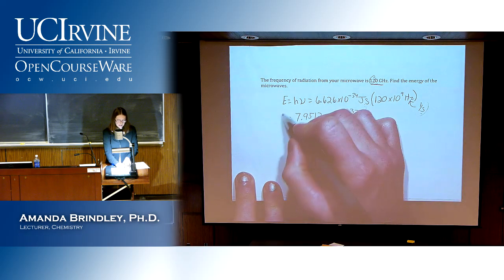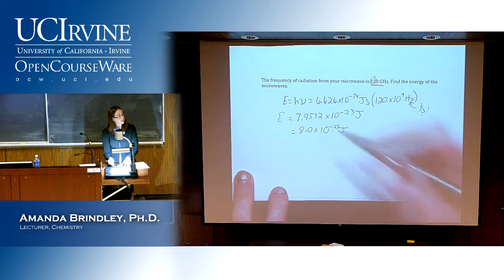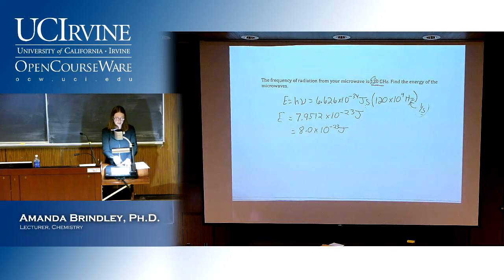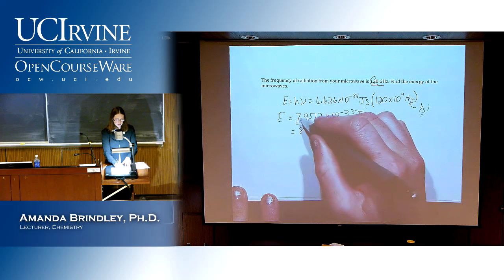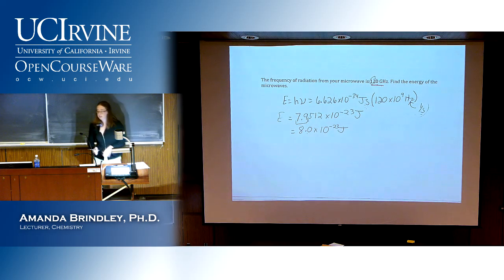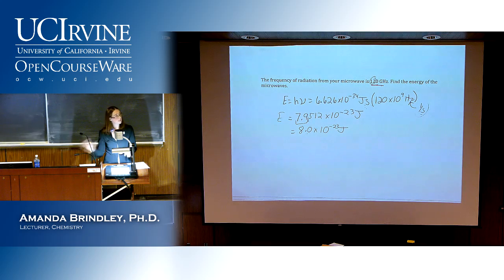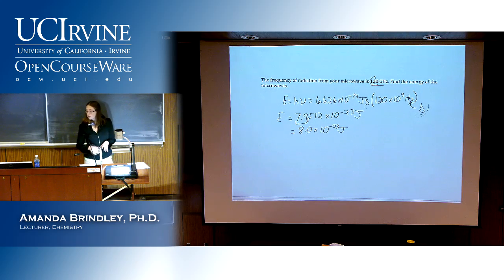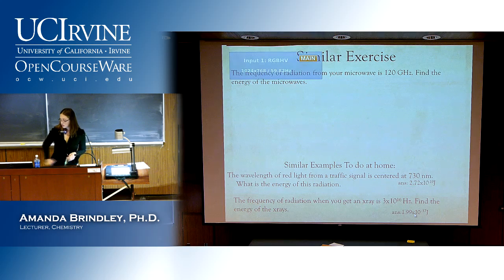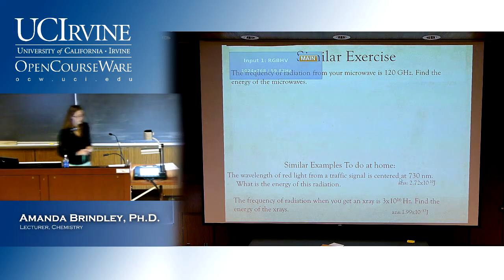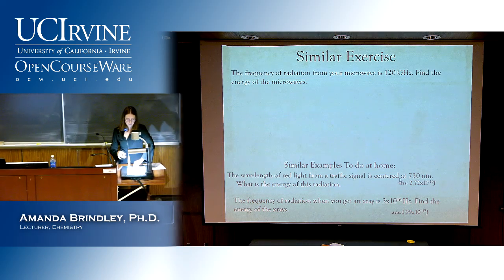Now, if we get this in our calculator, we need to make sure that we still figure out our sig figs. So we have 2 sig figs here. So we bring these 2 sig figs down. We have 8.0 times 10 to the negative 23rd. So just like what we did on the slides, only with our other equation. So now on the slides, I sent you home a couple of similar exercises to do. And so go ahead and you can write down those answers if you need them.